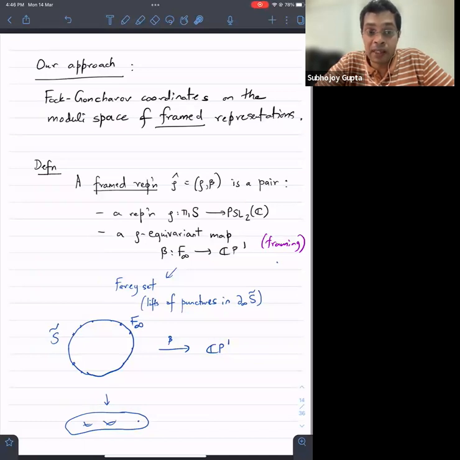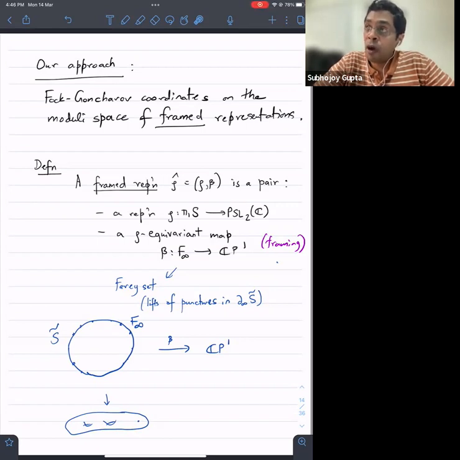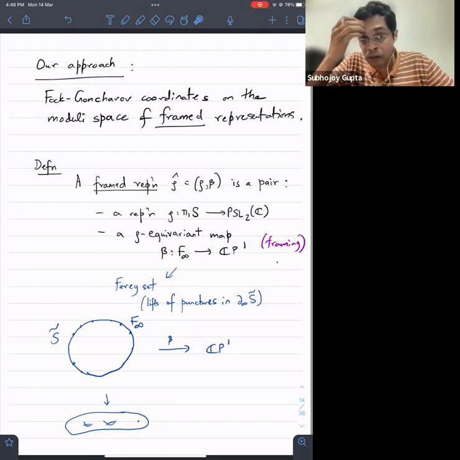The definitions are slightly different: you can't talk of punctures, so you talk of lifts of geodesics on the surface, and these geodesics determine pairs of points in the boundary, which form a dense set of pairs of points, and you can extend that map and get a map to a circle. It's very much similar, but if you talk of punctured surfaces, you might not have an extension to the whole circle.